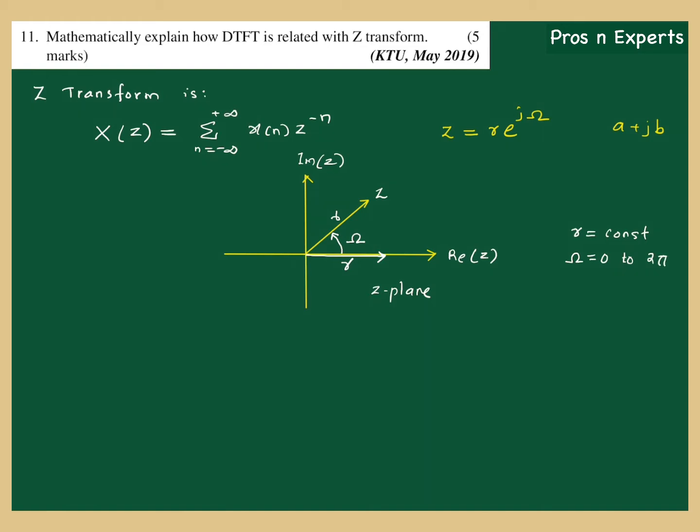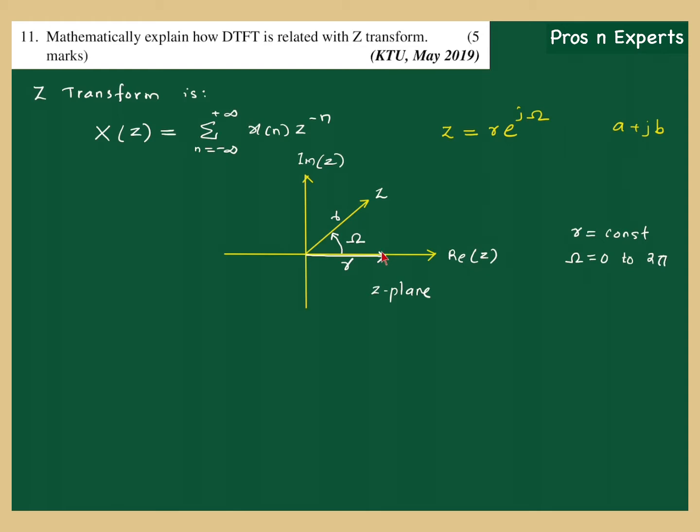That means this length is r and the phase angle is 0. Now keep r constant and vary omega from 0 to 2 pi.